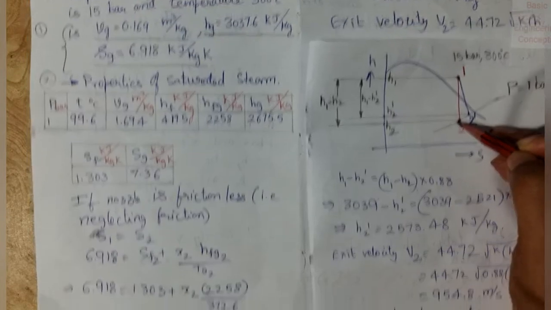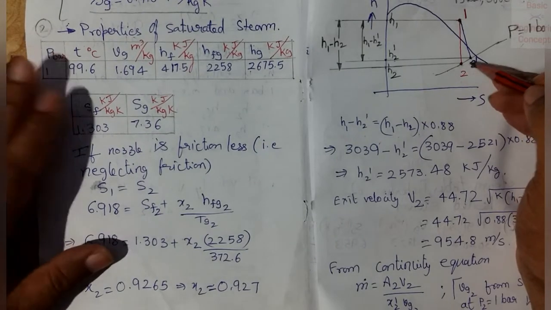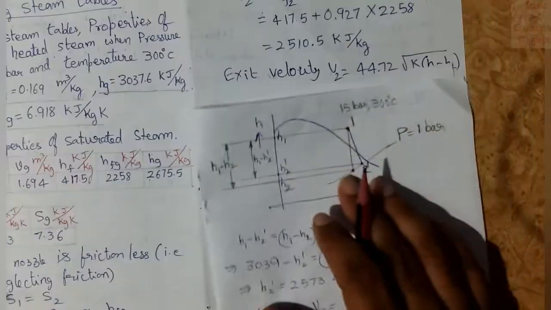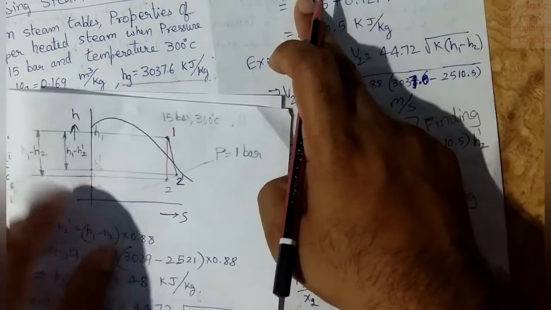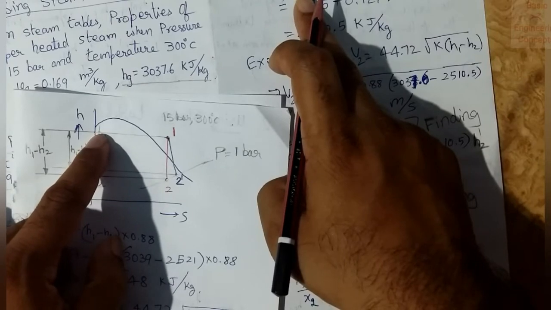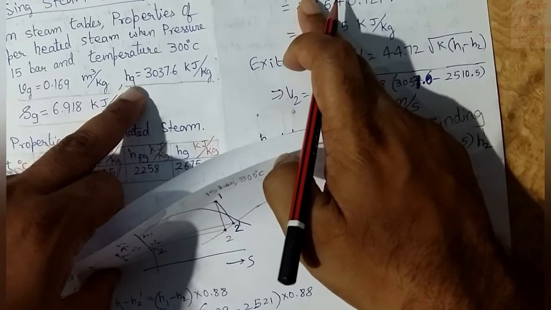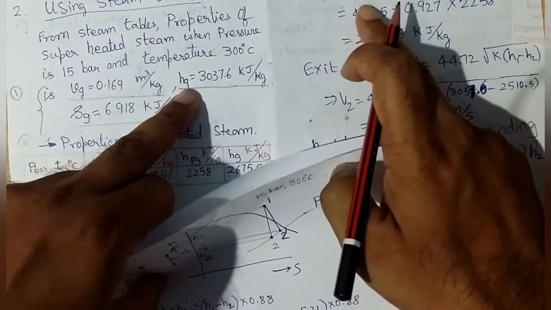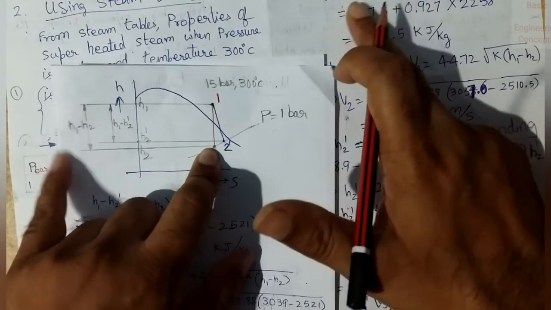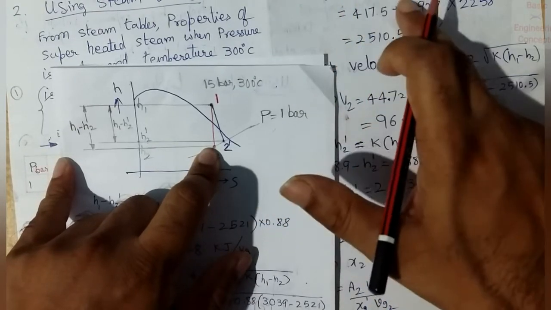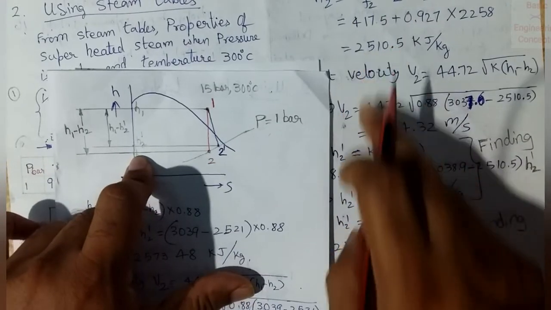X2 value is 0.927. After getting this, we can find the H1 value. H1 value is Hg. Now the H2 value, because it is in wet condition, is Hf2 plus X2 into Hfg2. So we found the value of H2.